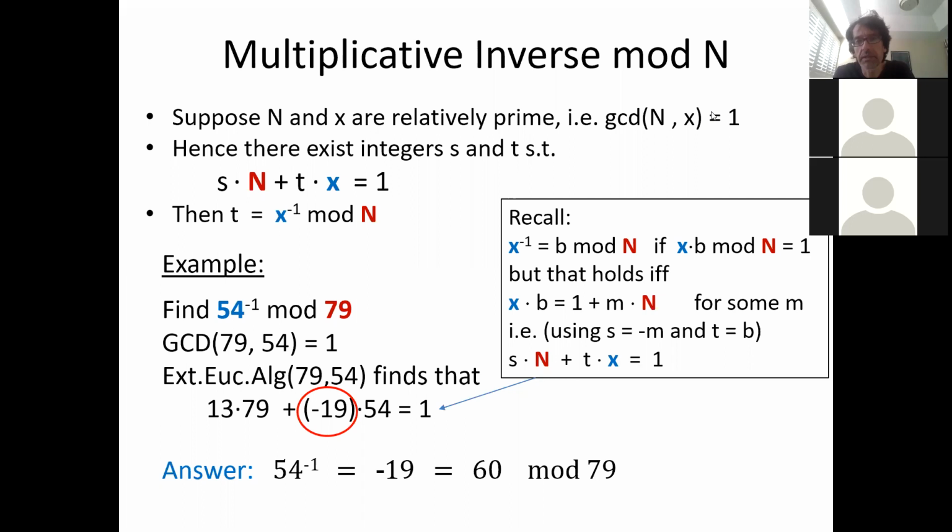But there are many applications of modular arithmetic in cryptography, and so multiplicative inverses will be computed there. And we'll see that, possibly in the next lecture already.